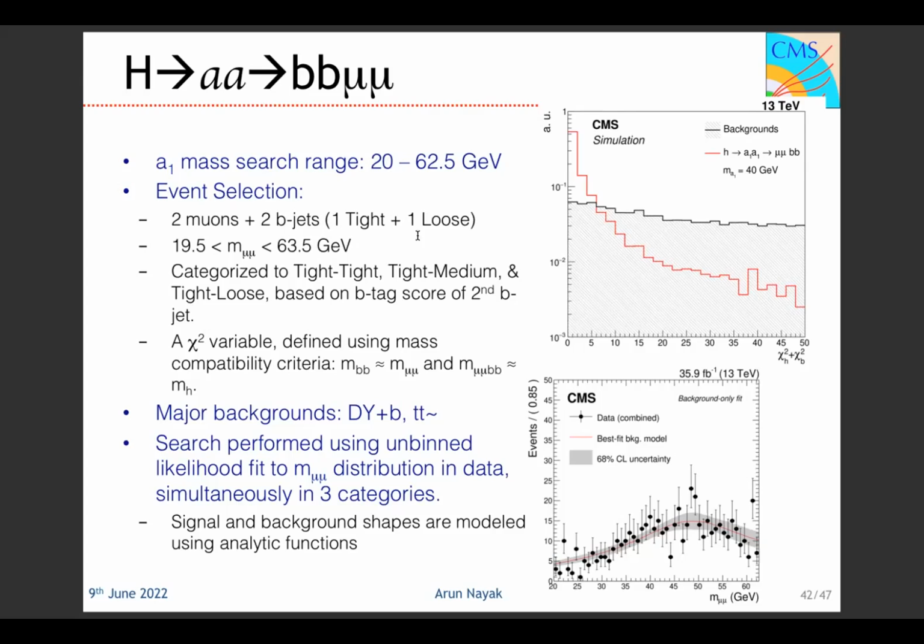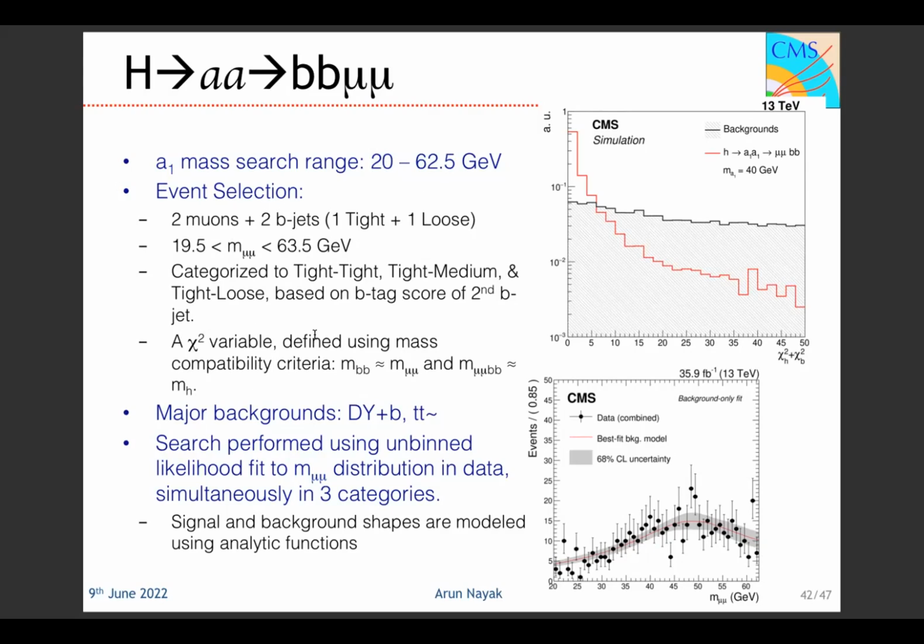And depending on how the second BJet is tagged, they categorize the events into tight, medium, or tight-loose. The mass covered from the mu decay product is kept 1 GeV off compared to the search range, so 1 GeV less and 1 GeV higher than this range.